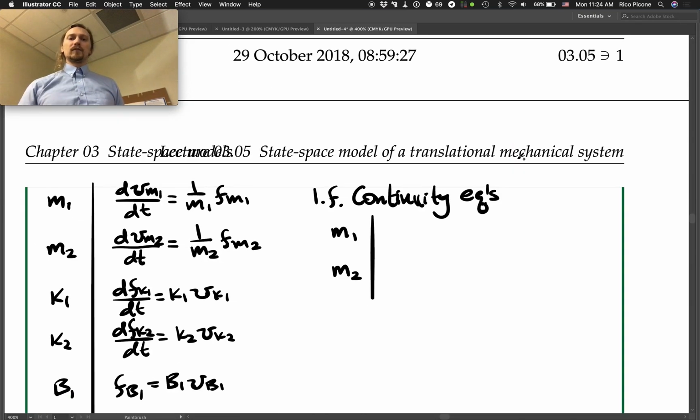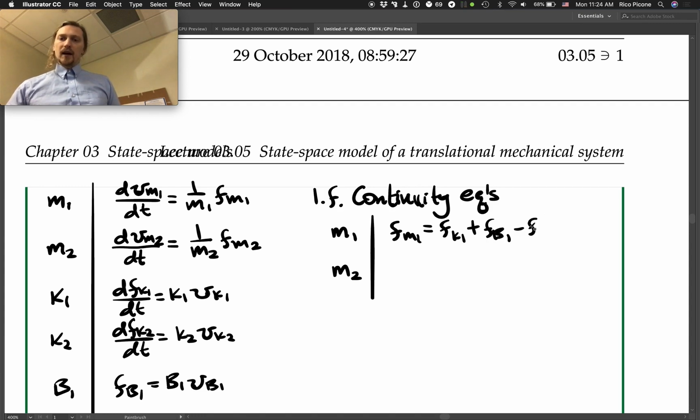So FM1 equals FK1 plus FB1 minus FK2 minus FB2.